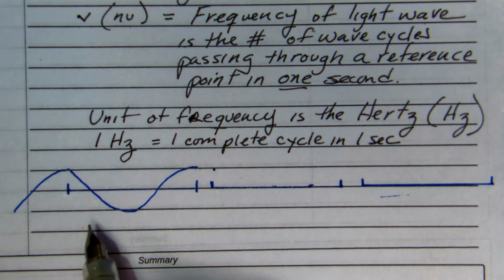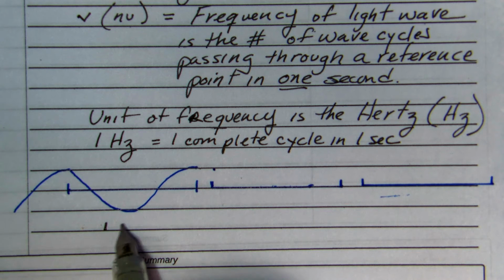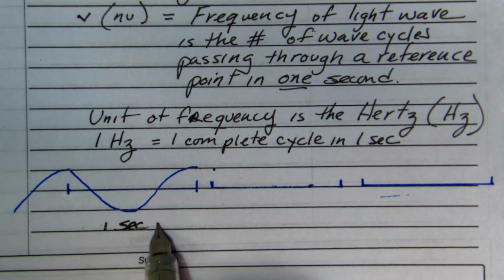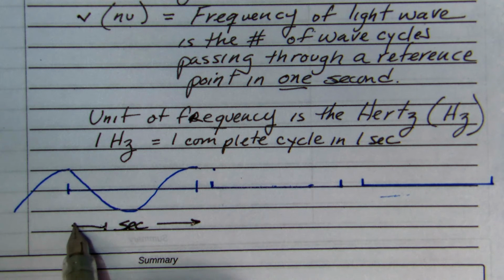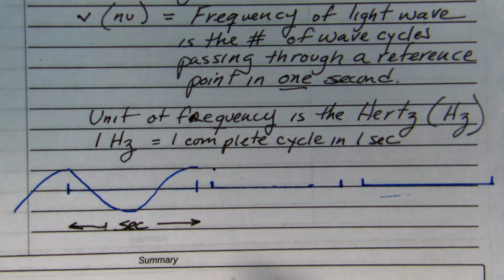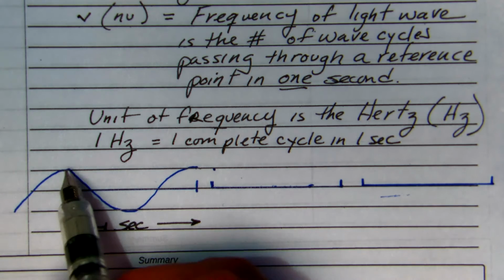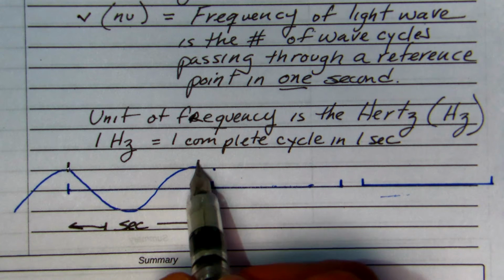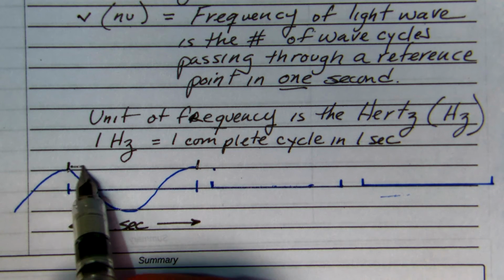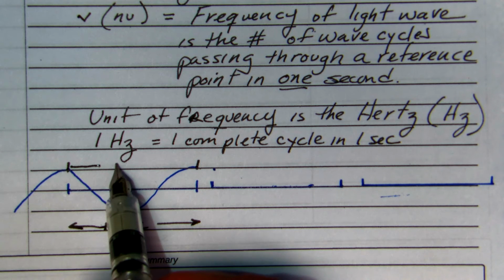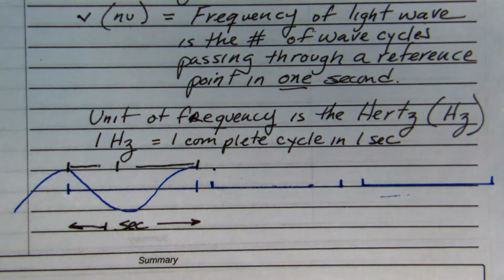The time from here to here is 1 second. So from crest to crest, one wave has gone through in 1 second, one wave. So in 1 second, this would be 1 hertz.